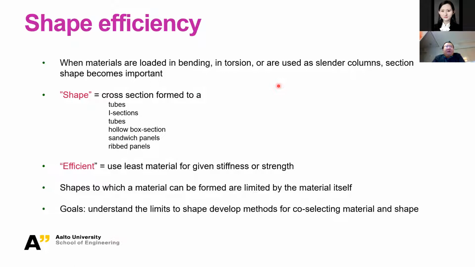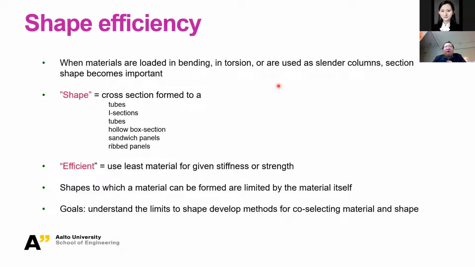All right, so what is the shape efficiency? So shape, you know, that's what it is. But as I said, we have to be a little bit limited here because we don't want to explore too much about the shape or be too general. So we're usually fixing ourselves into a cross section.